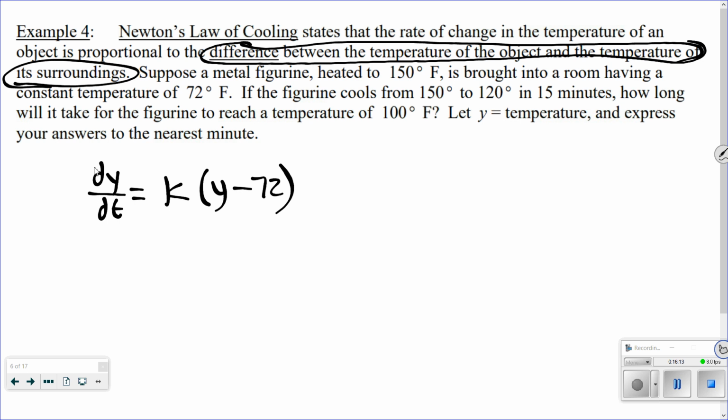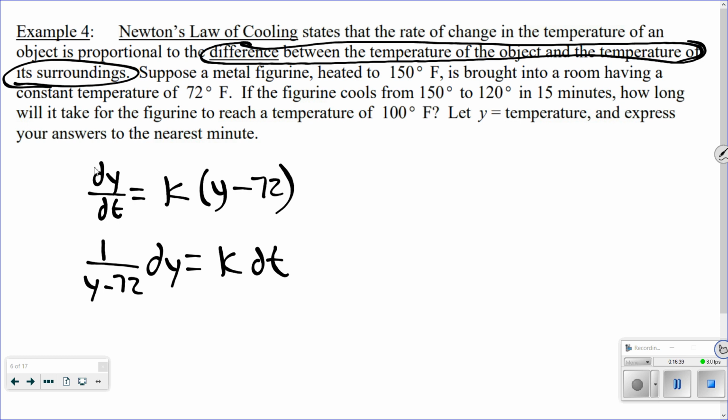So let's go ahead and solve this. I'm going to multiply the dt over with the k, and divide the y minus 72 over with the dy. So I get 1 over (y minus 72) dy equals k dt.